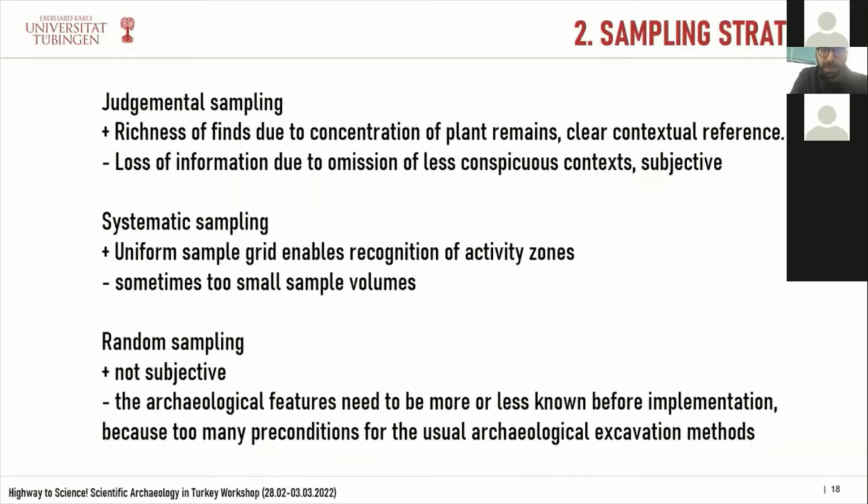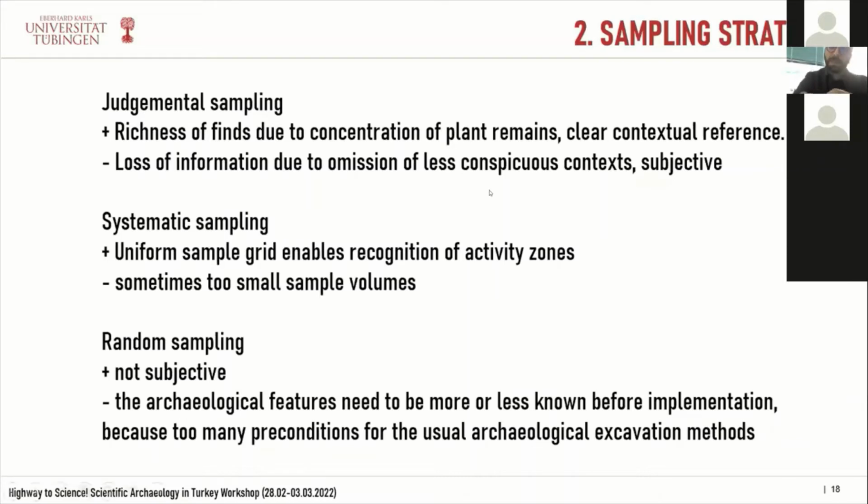So in this type of sampling strategy, we can have rich findings with a concentration of plant remains with clear contextual information. But less conspicuous contexts wouldn't be represented in your data set. Then you can lose some information.